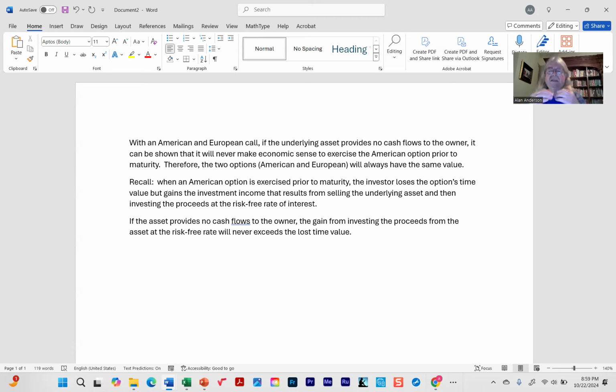So in other words, the gain is the reinvestment income, the loss is the time value. And we can show that if there's no cash flows, then you're always going to be worse off because the time value will be greater than the reinvestment income.